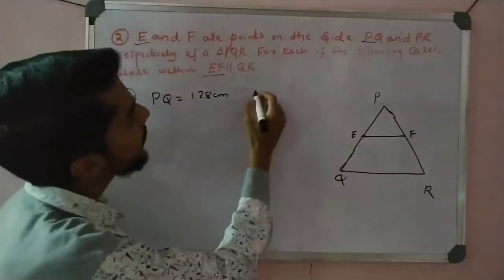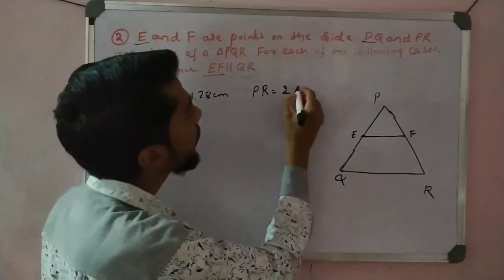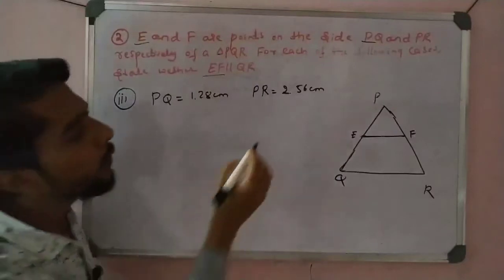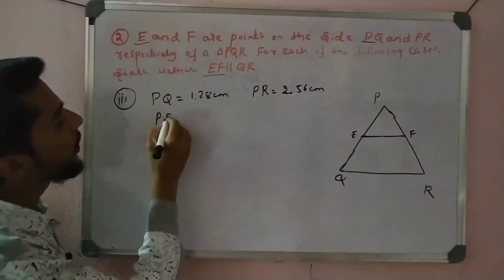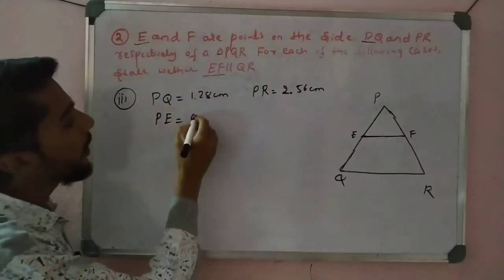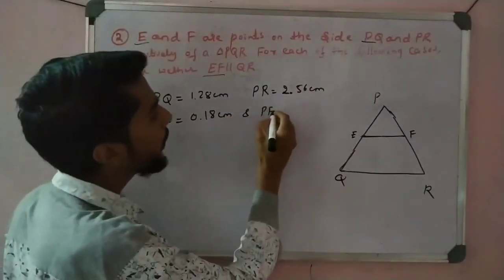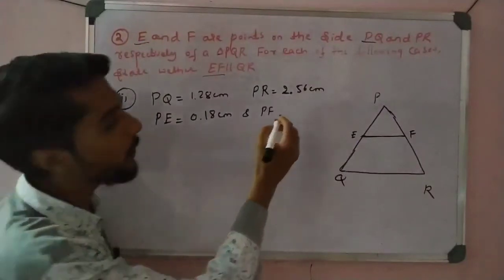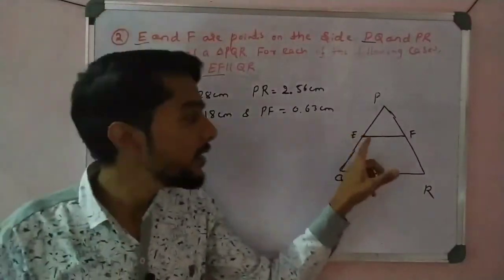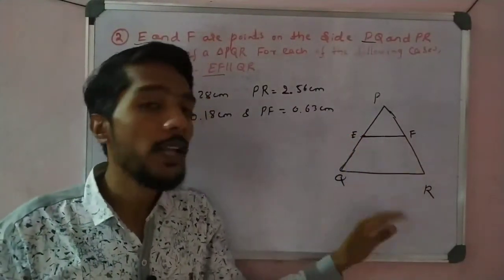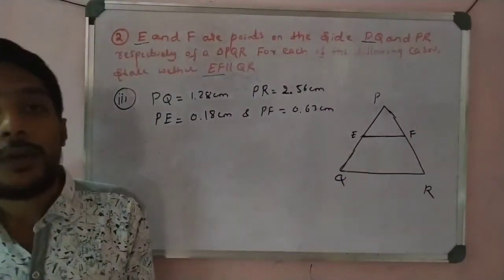Then PR is given as 2.56 centimeter, PE is given as 0.8 centimeter, and the last one, PF, is given as 0.63 centimeter. Check this one: is EF parallel to QR, yes or no? State whether it is parallel or not. Do it yourself and put the answer in the comment box.